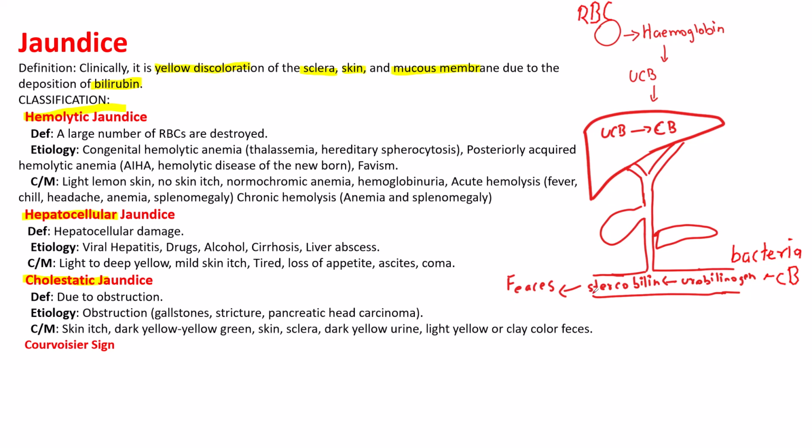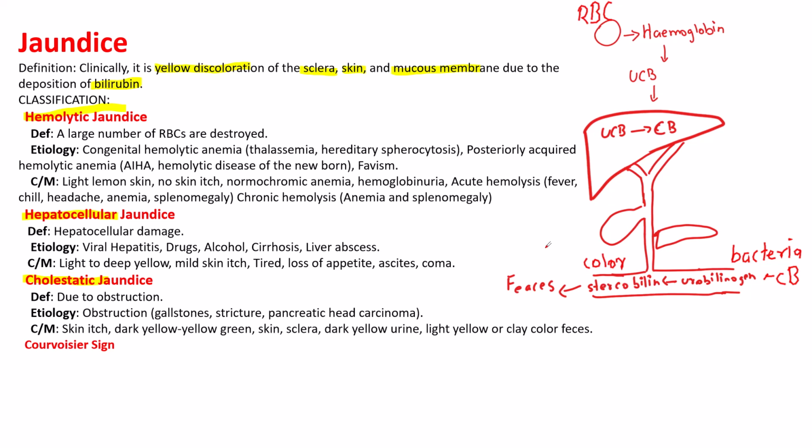So stercobilin is the component which gives color to our feces. If we have dark feces, this means we have more stercobilin, and if it is clay color or light color, this means we have less stercobilin.